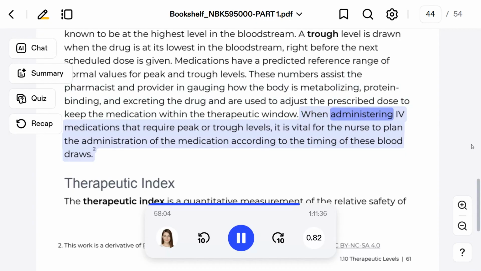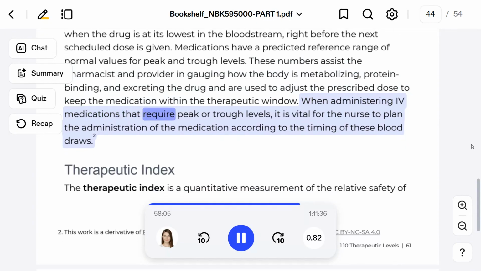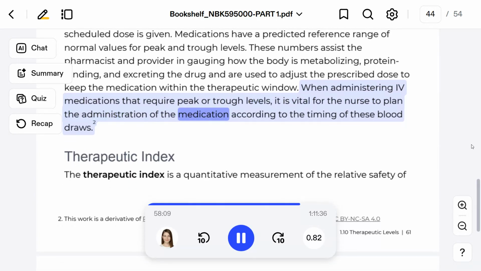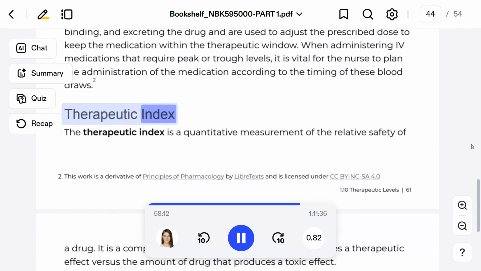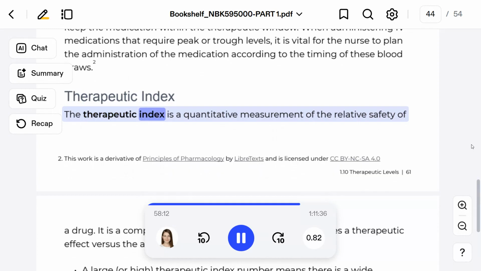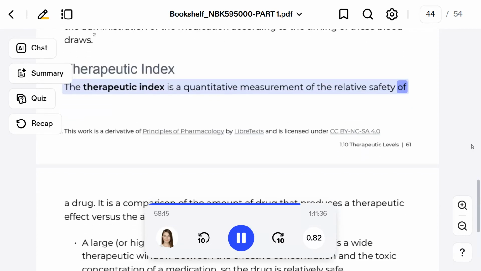When administering IV medications that require peak or trough levels, it is vital for the nurse to plan the administration of the medication according to the timing of these blood tube draws. Therapeutic Index. The therapeutic index is a quantitative measurement of the relative safety of a drug.